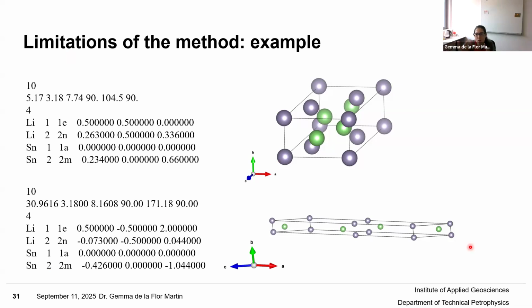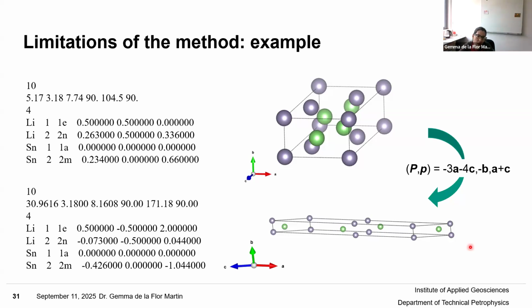In this case, the program COMPSTRU is not able to relate them. The reason is that the values of the elements of the corresponding unit cell transformation are outside of this range from -3 to 3.